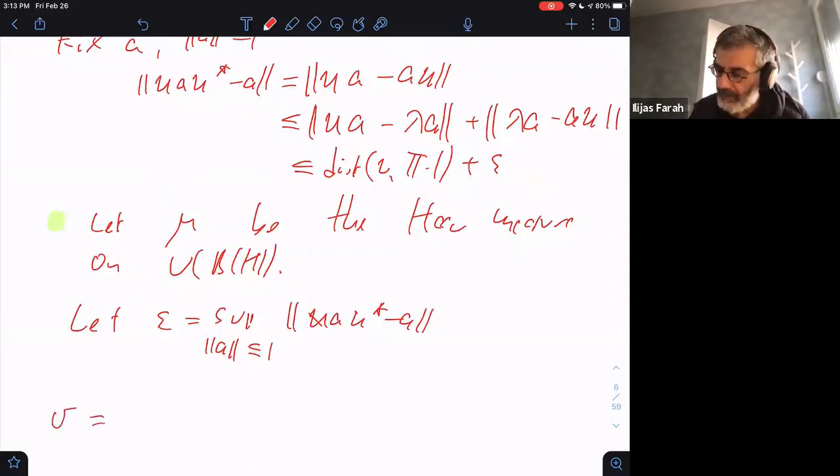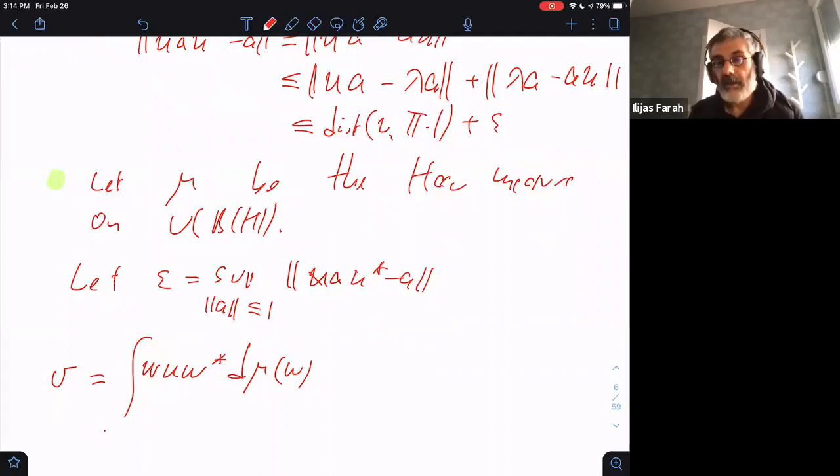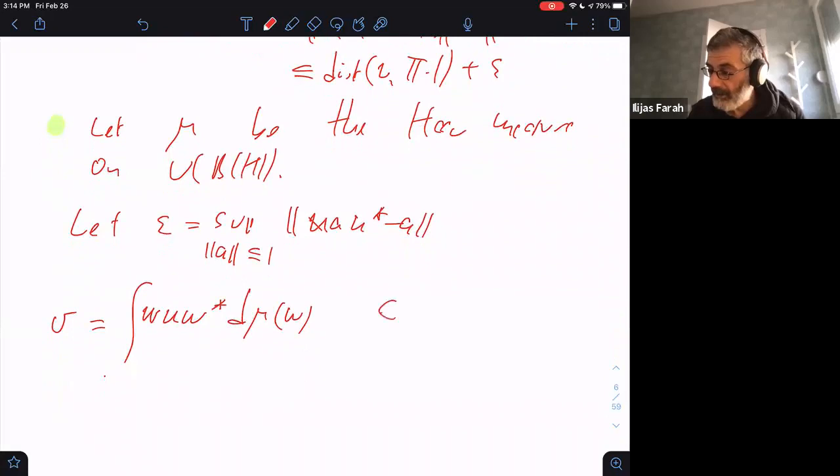Well, we take phi to be the integral over the unitary group of WUW star d mu of W, so W ranges over the unitary group, and we are taking the integral with respect to the Haar measure. Now, what do we have? Well, V belongs to the unitary group.